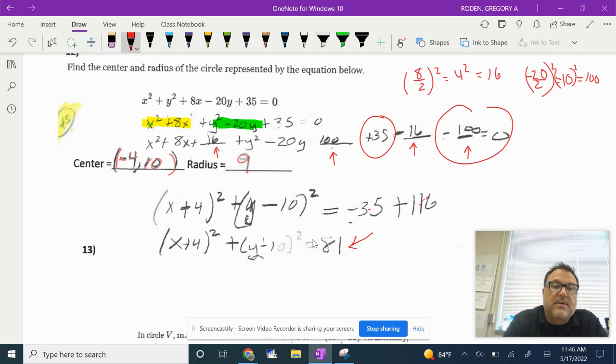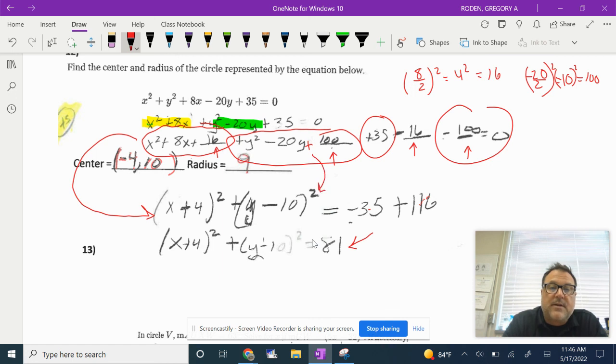I factored this. So what did we do here? This got factored as a perfect square to this. This got factored as a perfect square to this. And then this and this all got moved over to the other side of 0, which gives me this, which gives me this.